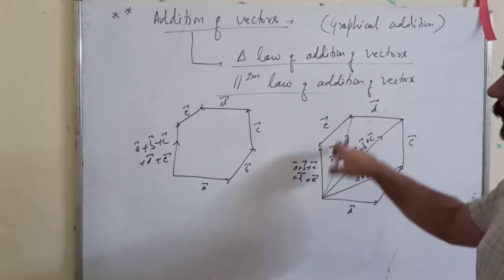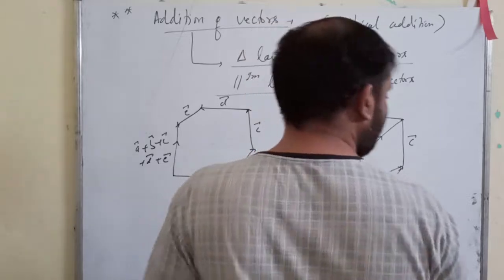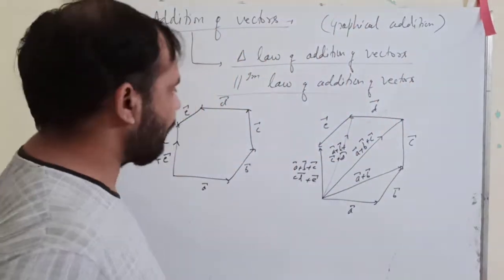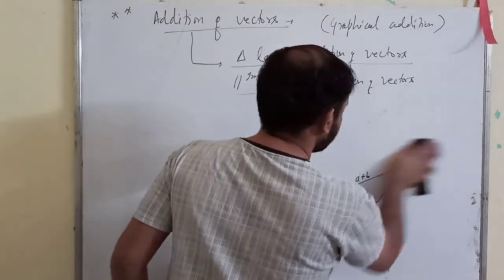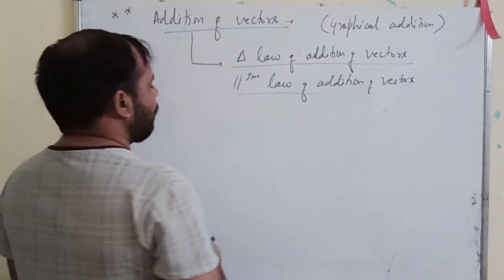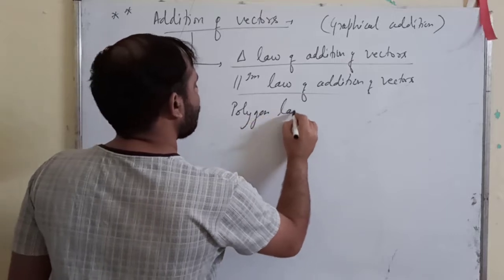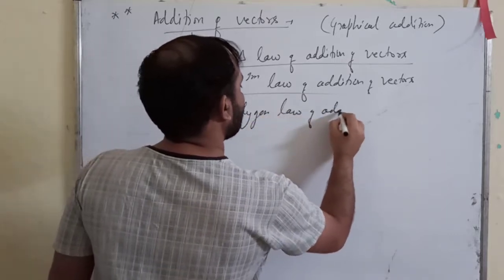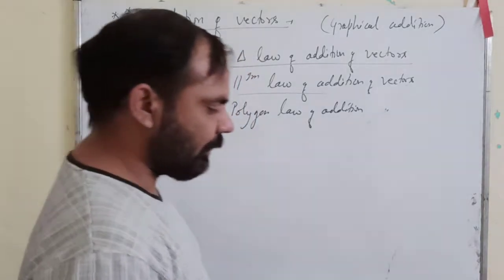We formed different triangles and obtained this law. This is called the polygon law of addition of vectors.